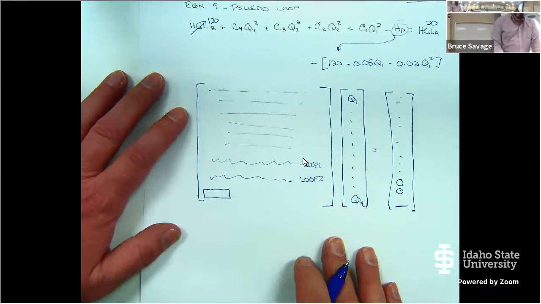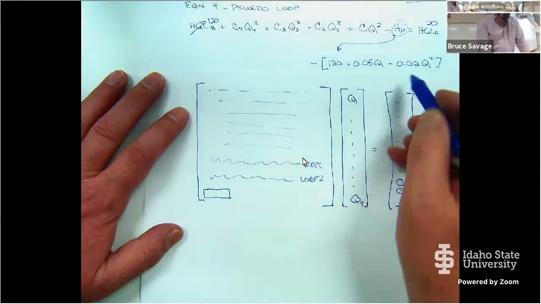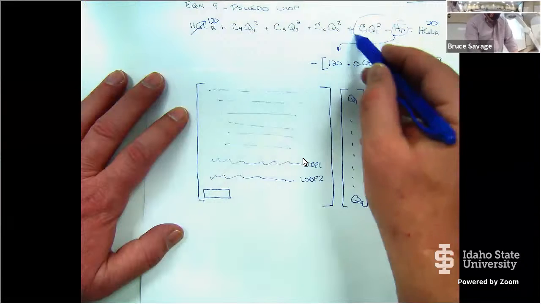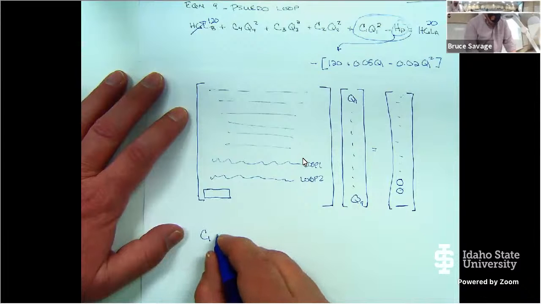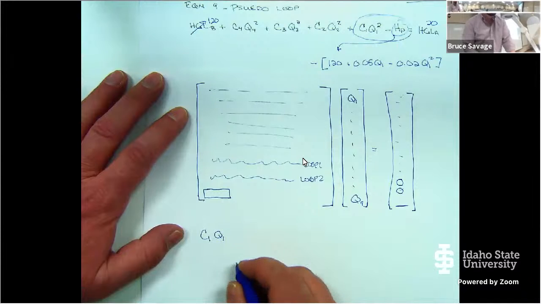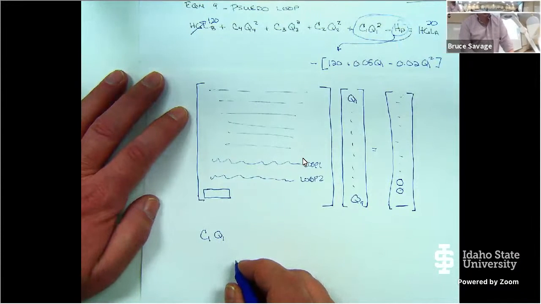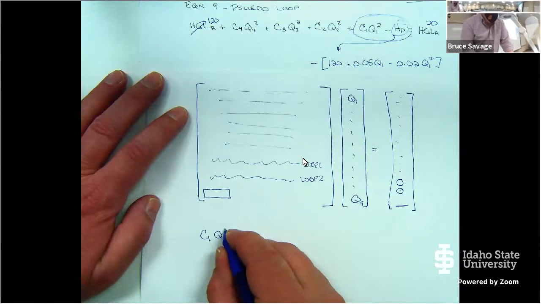So now, when we put this value in here, we're going to grab these two terms. All right. So I'm going to have C sub 1 times Q sub 1. Should I call it old or prime? You guys care? Prime, okay. Q sub 1 prime.